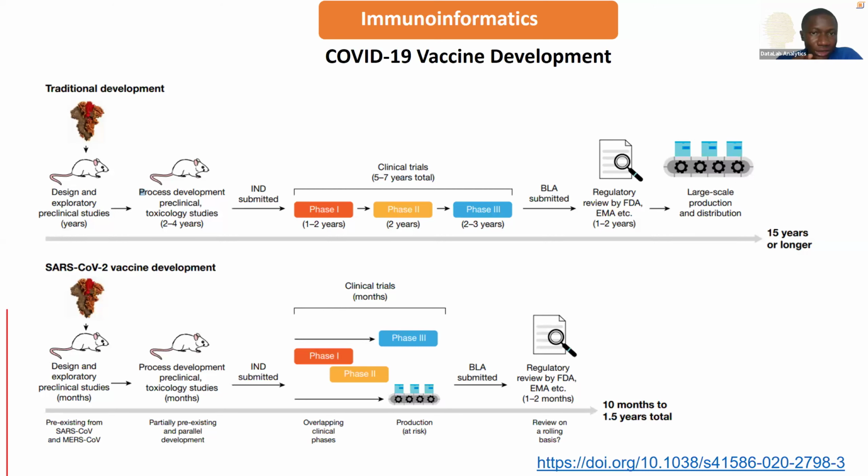Had we still been using the traditional approach of vaccine development, that would take years. That would take 10, 15 years. But with the help of the bioinformatics approach, we are able to bring a candidate vaccine to market in just 10 months to 1.5 years. Although this requires fastness on things, because we are in a pandemic era, so we need to fasten some processes.